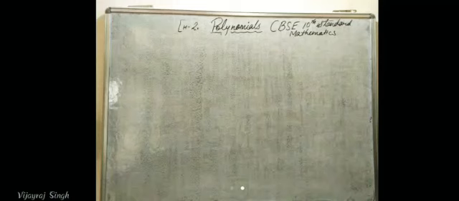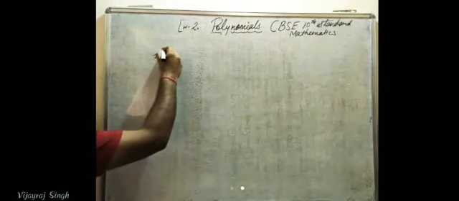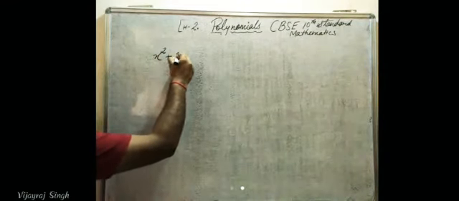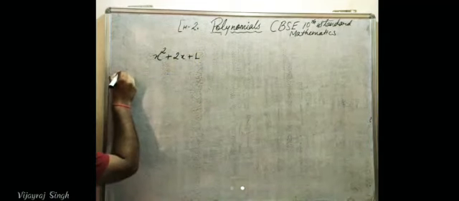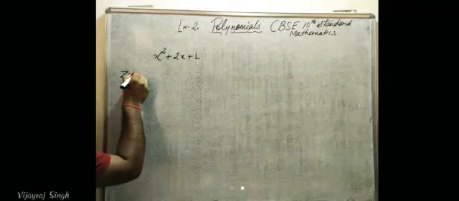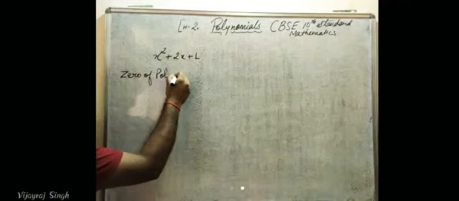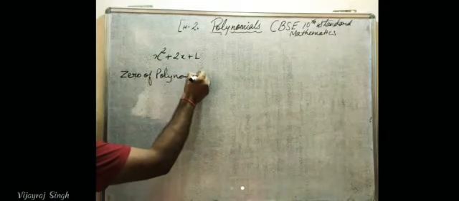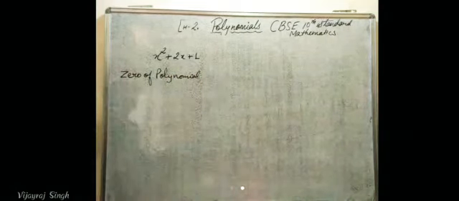Now, suppose I took an example, x square plus 2x plus 1. I have a question, zeros of the polynomial. How to find out zeros of the polynomial?